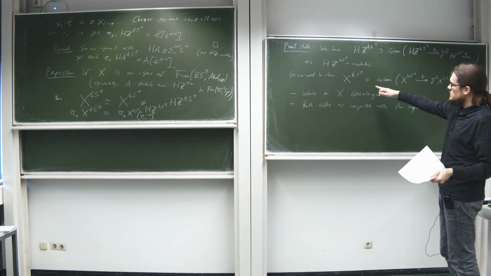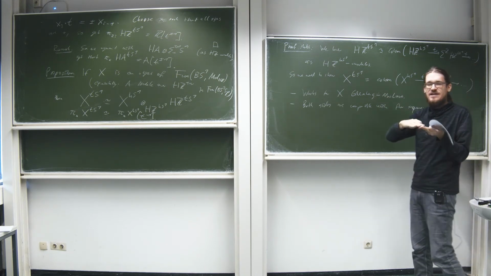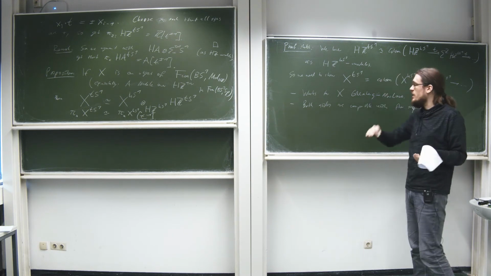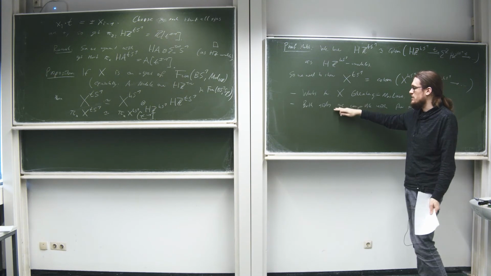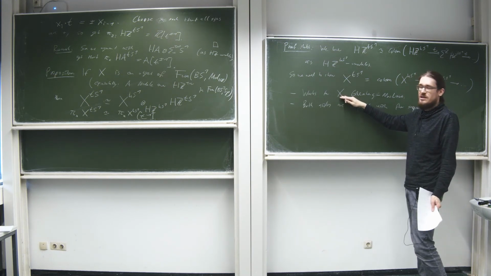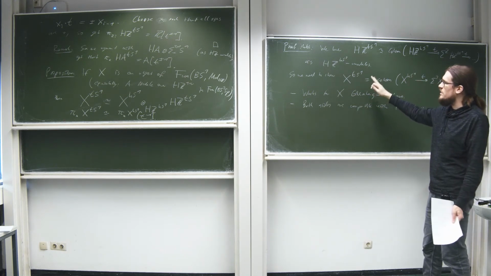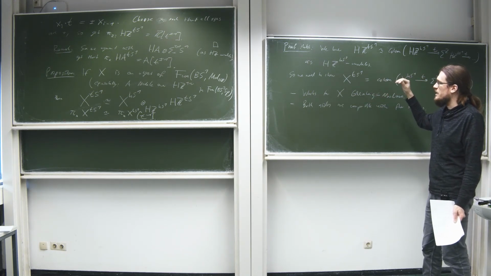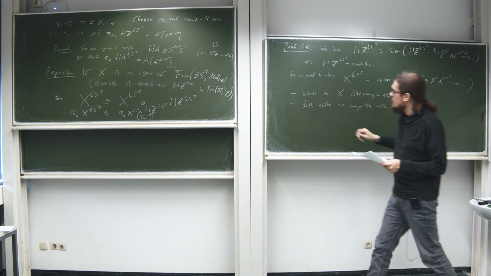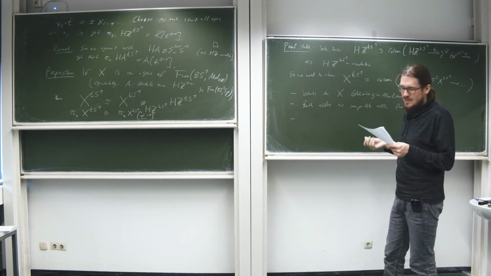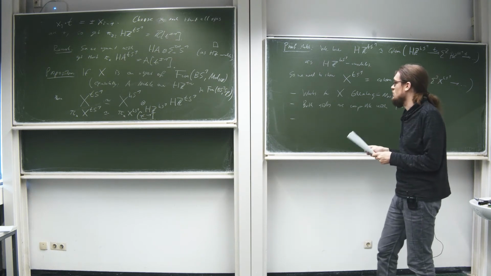So using the Postnikov tower of X, if X has only finitely many non-trivial homotopy groups, you can inductively get this from the Eilenberg-MacLane case. So these two together already prove the statement for all spectra X which have finitely many non-trivial homotopy groups. And this last part is why it's a sketch. I'm not going to talk about how to extend this to all of them.